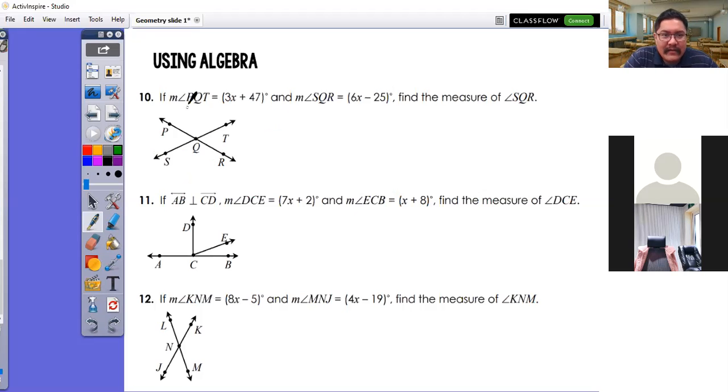All right, so where we at? Measure of angle PQT. So PQT, that's this angle here, just highlighting it, is 3x plus 47, and SQR is 6x minus 25.